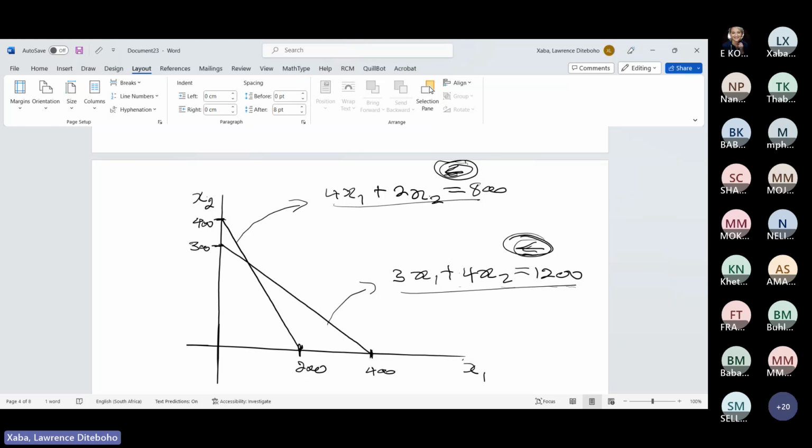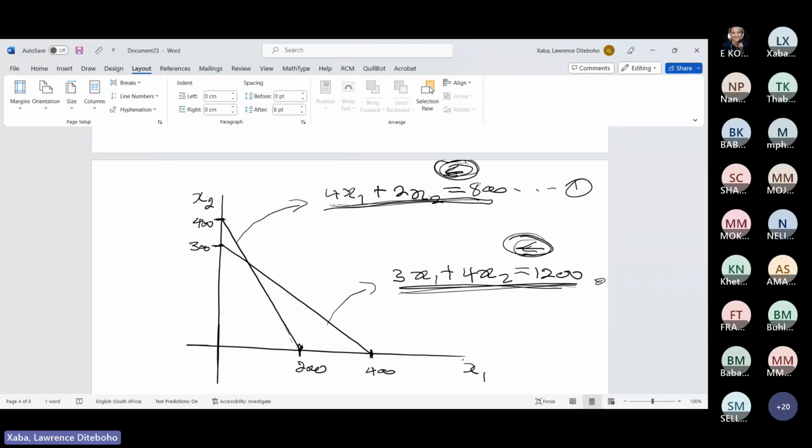So now we have to find the line representing these two equations. The first equation is this one, which is equation 1. This will be 2. This is the line of equation 1. So now we shade from that line following the inequality sign. This sign says we are going inside.